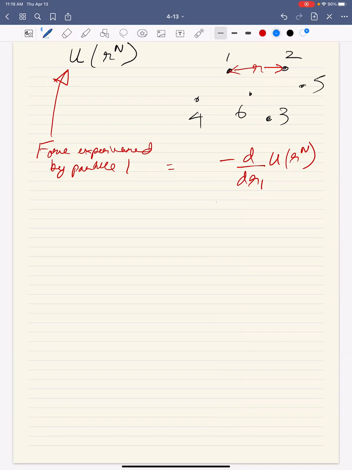Stay with me carefully. When you do this and you get a function, let's call this function f of r. Well, that's my question for you. When you differentiate u of r^n, where r^n is a shortcut I'm using to denote the very high dimensional vector r1, r2, up to r subscript n.